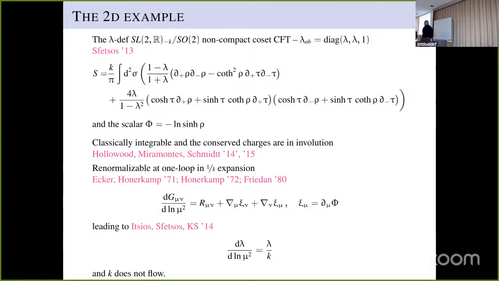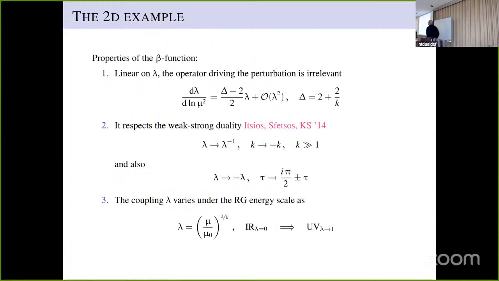And one can find that the beta function is much simpler here. This is the coset case, it's not the group case. It takes this form, where the k, the level of the CFT, does not flow. So it does not change with respect to the parameter. So some properties of the beta function.